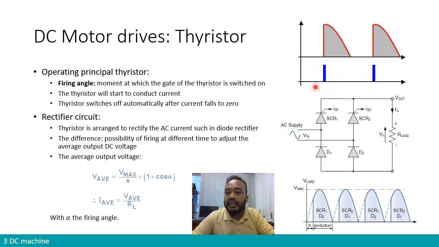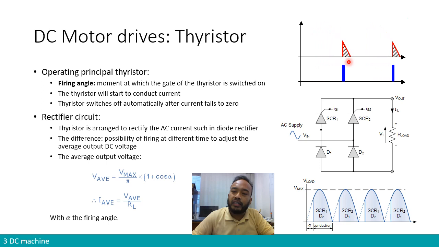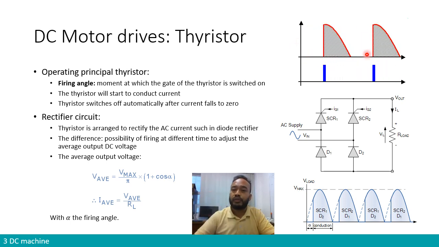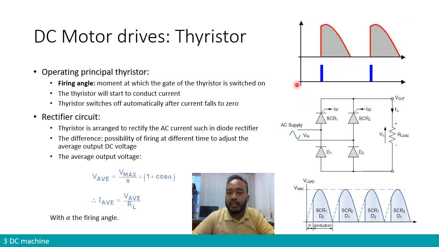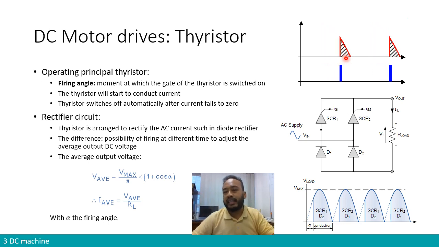So the earlier the thyristor is fired, the more it takes into account all the waveform. Therefore, we can see that the surface area underneath the curve is much higher, so the average voltage will be much higher as well. But if we delay the firing time, then we reduce the surface area underneath the AC curve.